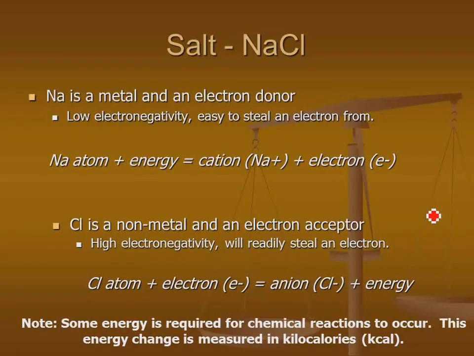It readily steals away the electron that sodium has given up. So the chlorine atom plus that electron becomes an anion, and there's some more energy involved. Some is given up, some is taken, and that's one of the ways the chemical reaction happens.